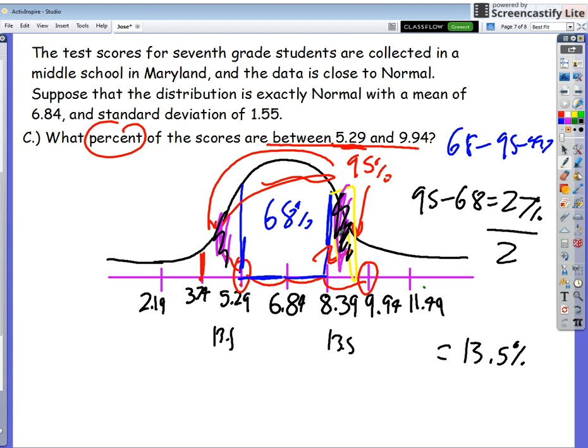Now, since we have this side, we can add back our 68% to get the percentage of scores between 5.29 and 9.94: 13.5% plus 68% is 81.5%.